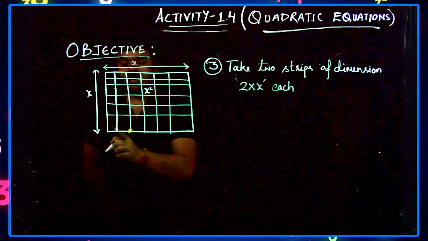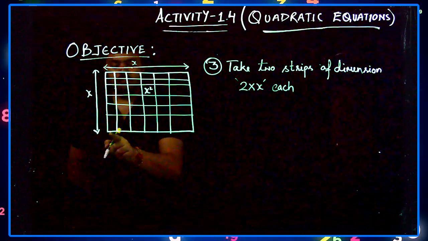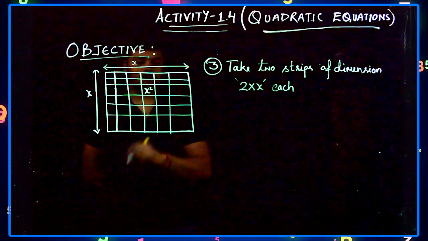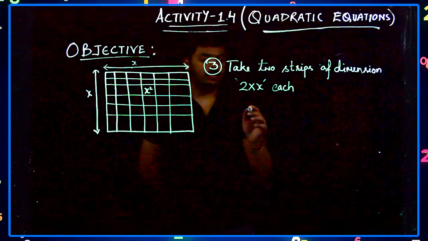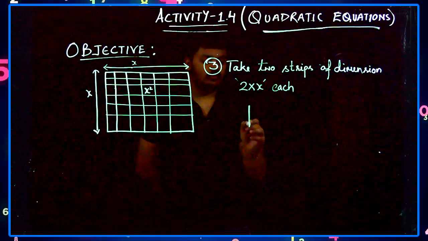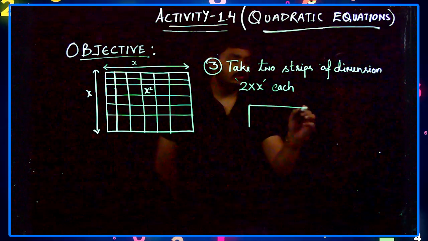So here x is equal to 6, that is 1, 2, 3, 4, 5, 6. So let's draw 2 into 6.